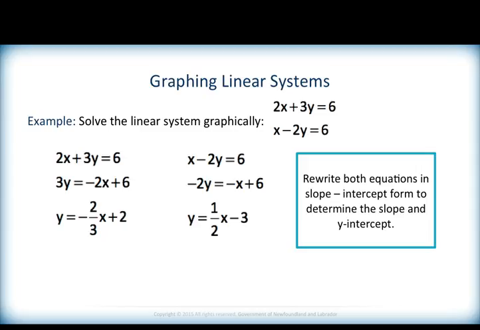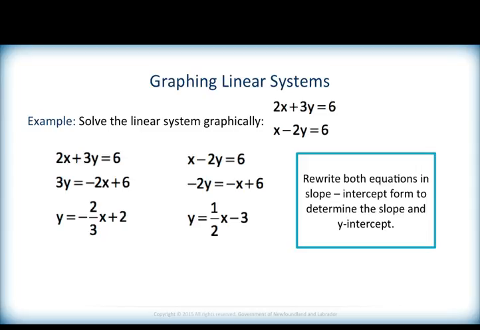So what we're going to do, you're first going to rewrite both equations in slope-intercept form to help determine the slope and the y-intercept. When you do this process, you will end up getting two equations that have been rewritten as y equals negative 2/3 x plus 2 and y equals 1/2 x subtract 3.